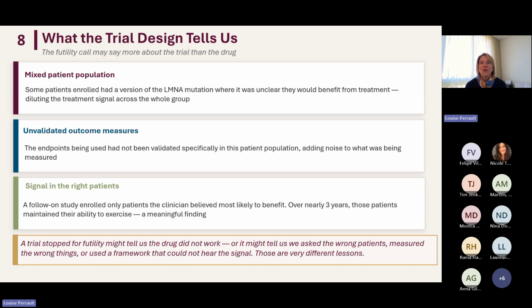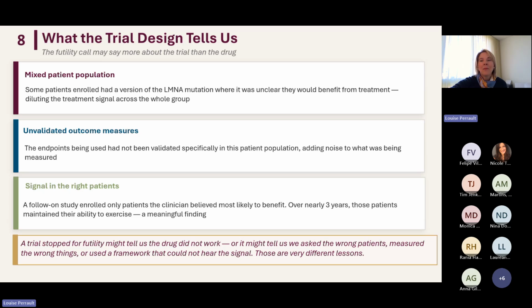Some patients enrolled had a version of the gene mutation where it was not clear they would benefit; it had not been specifically validated in that patient group. So with that kind of variation in the room, even a drug that works in most patients can look weak across this whole group of patients.